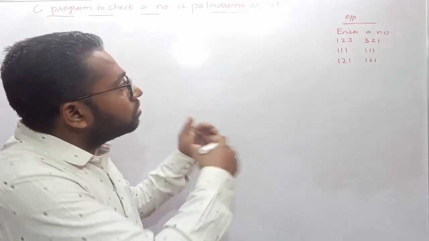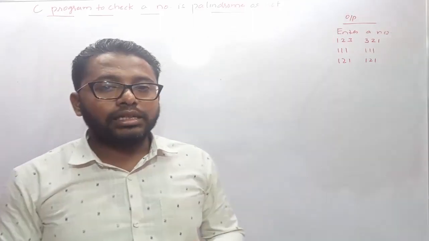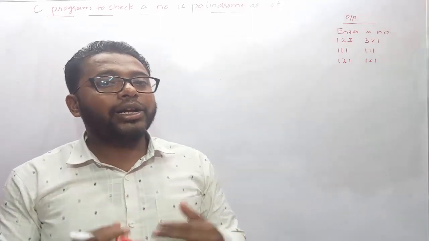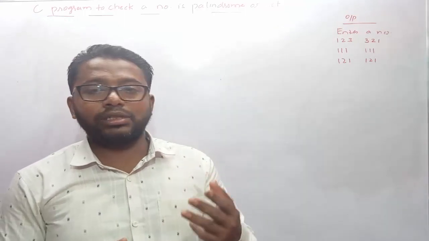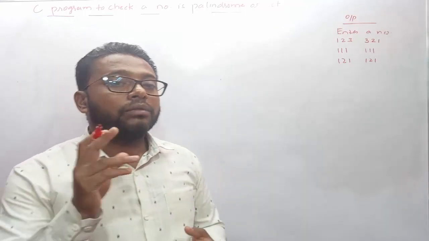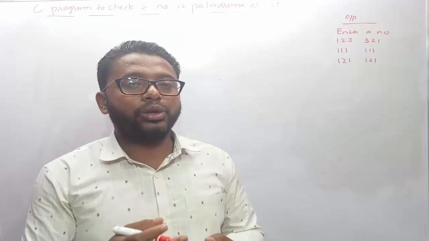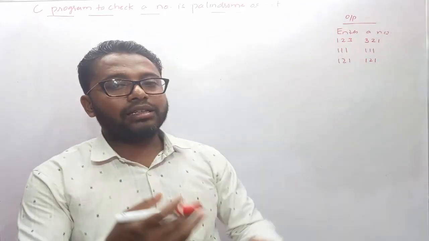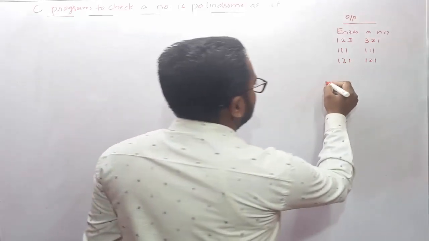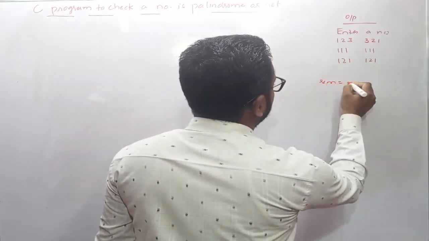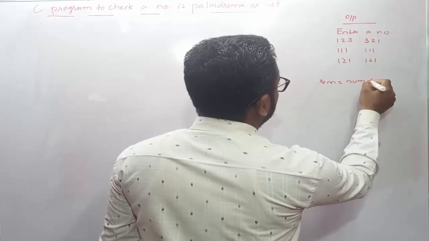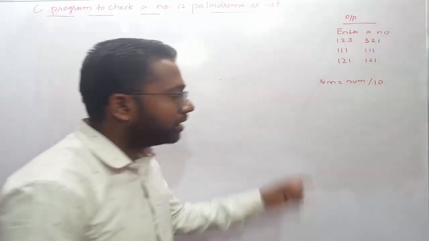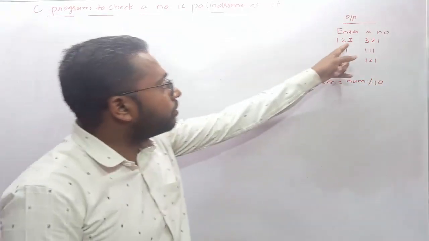Now to find whether a given number is a palindrome or not, again we need to perform 3 steps. The first step is to find the remainder of this number: remainder is equal to num mod 10. With this we will get the remainder of this number.